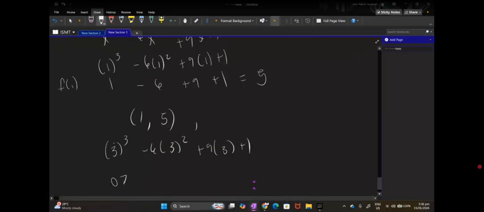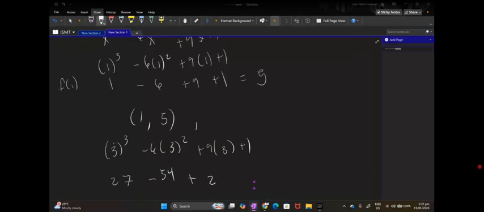So 3 cubed, 27. 27 minus 6. 3 squared, 9. 9 times 6, 54 pala, sorry. Negative 54 plus 27 plus 1. So, 27 minus 54, it's negative 27. Plus 27, it's 0. Plus 1 is 1.